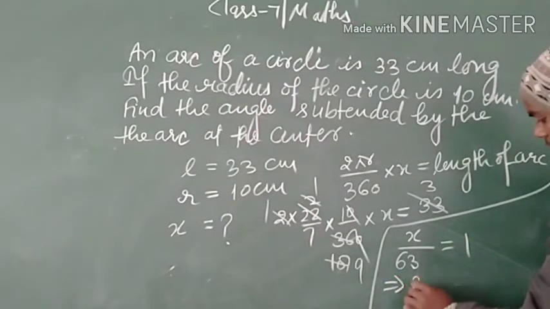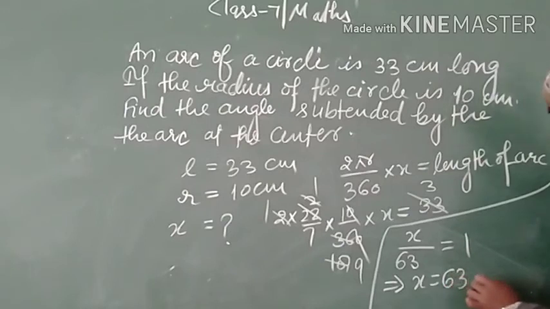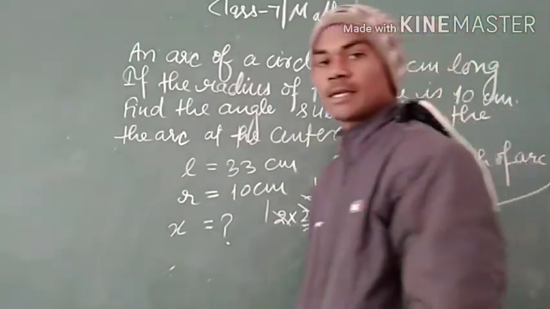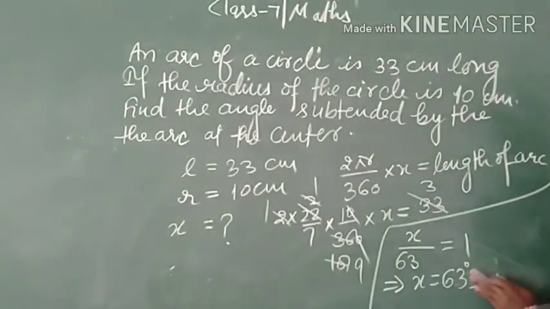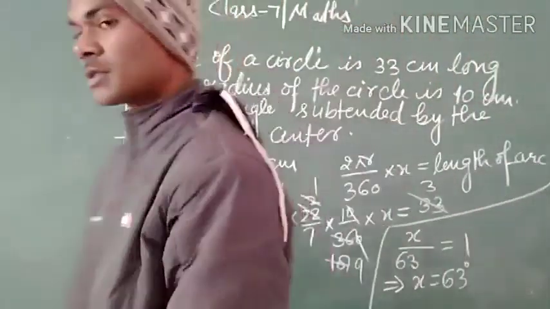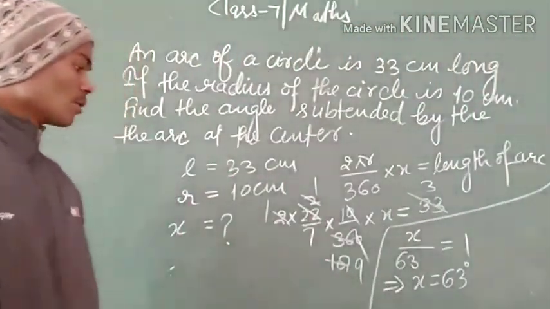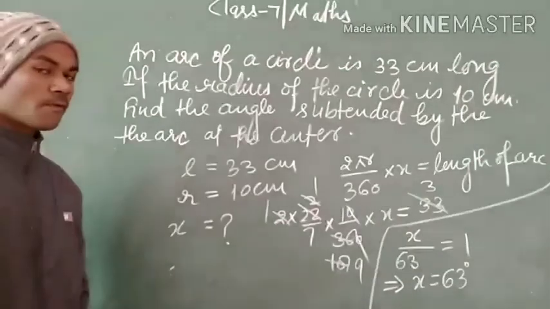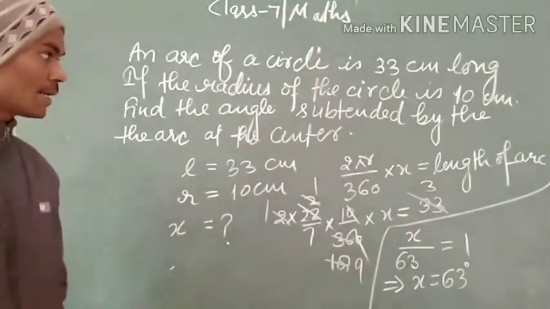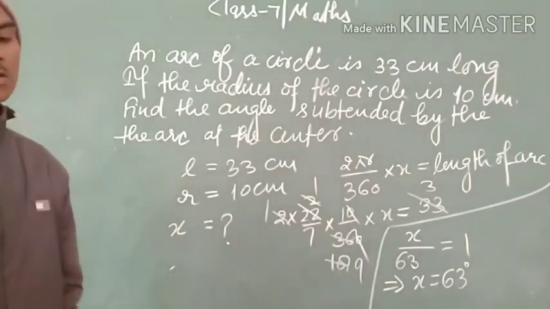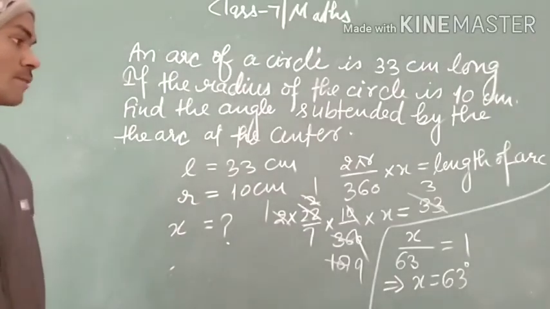So this gives x is equal to 63. Therefore, the angle that is formed at the center is 63 degree. Therefore, the value of the subtended angle at the center is 63 degree. So in this way we can find the value of the subtended angle, or the radius, or the length of the arc.